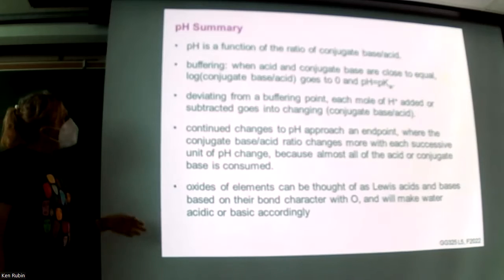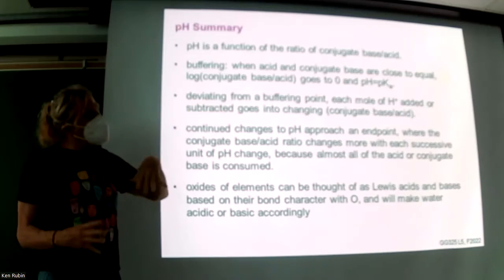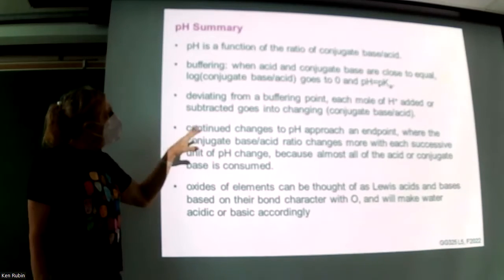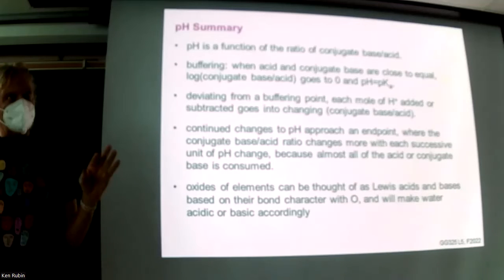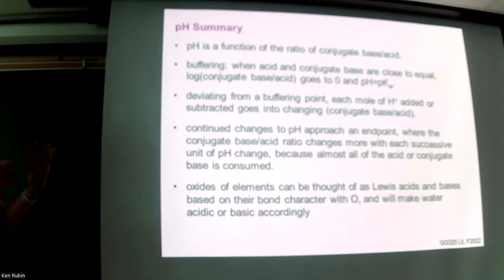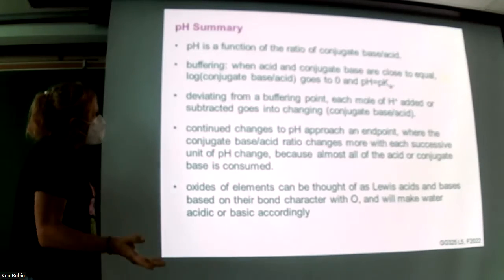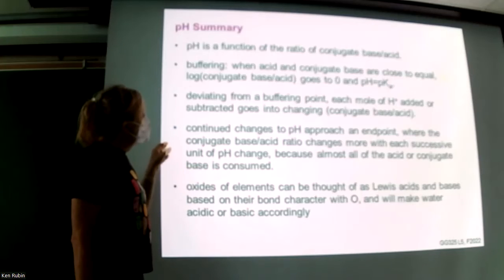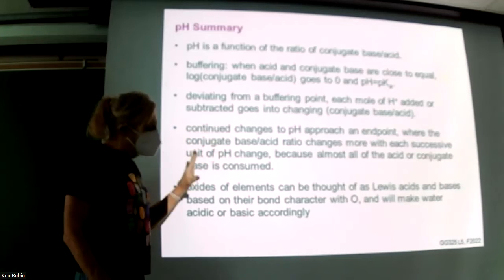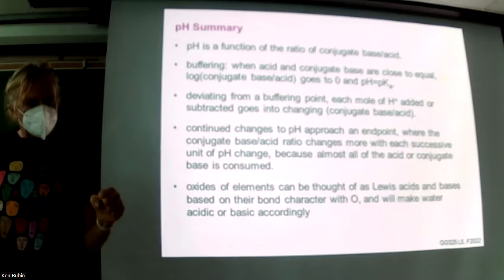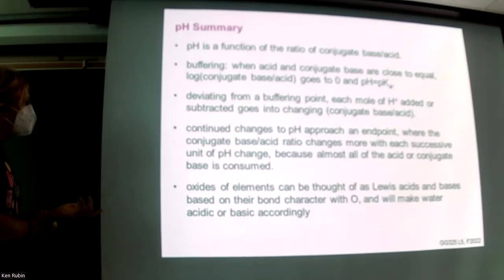So when we deviate from a buffered point, we do it by either adding in hydrogen ions or adding in hydroxyl ions, which is like subtracting hydrogen ions. And we can shift away and, where we continue to pull stuff away, we can get to a place where the solution is least buffered.